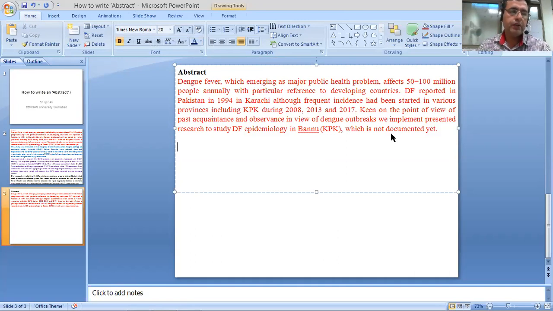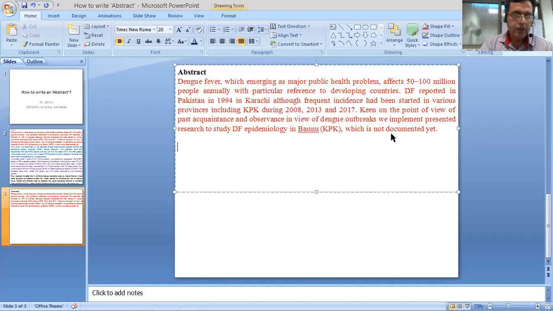So what can you do to write it in a different way, in a simple way, and to spare some words? Because in the abstract you have a problem with the number of words, so you have to minimize them.